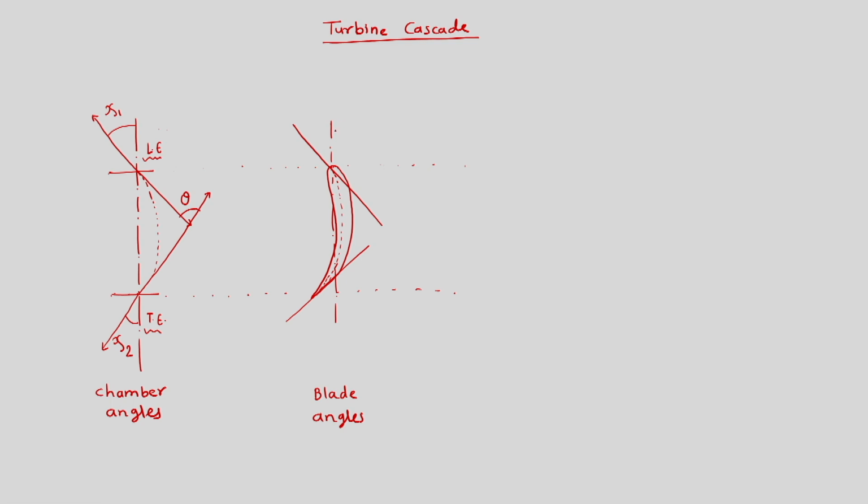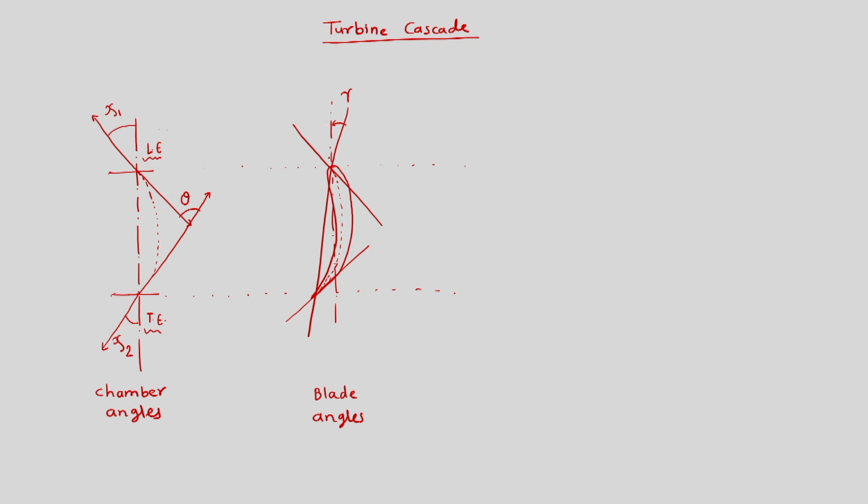Having said this, this is the line which is joining the leading edge and the trailing edge. This is the chord line. This line joining the leading edge and trailing edge will be making a certain angle with the vertical axis, and that angle is called the stagger angle gamma.